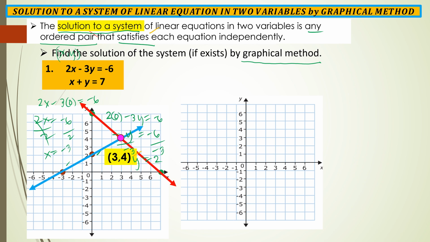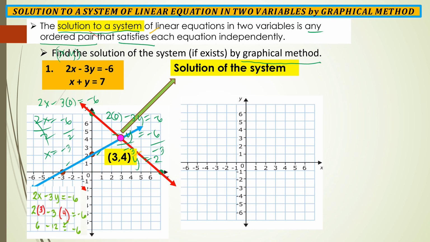Do we obtain an equal value from the left and right side of our equation? If x is 3 and y is equal to 4, we substitute it to the original equation, and it's equal. And then the next one is x plus y is equal to 7. The x is 3, the y is 4, and 7 is equal to 7. So that means that graphically we're able to get the solution. So (3, 4) is the solution of the system.